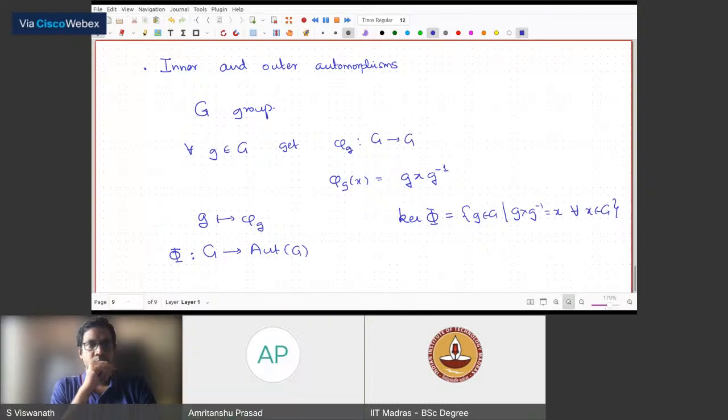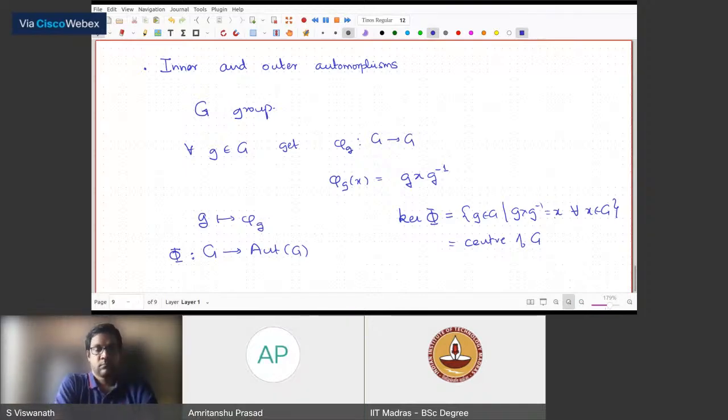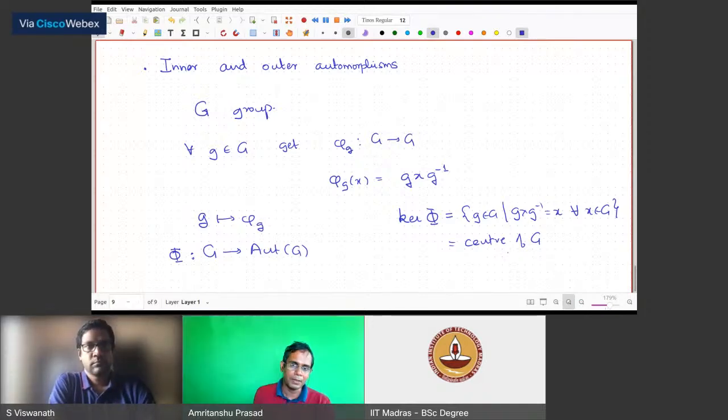It's the elements g in G such that phi sub g is the identity map on G. But this is the same as the center of G, the set of elements of G which commute with all the elements of G, because g x g inverse equals x says that g and x commute. So g commutes with all the elements of G. So that's the center of G, usually denoted by Z(G).